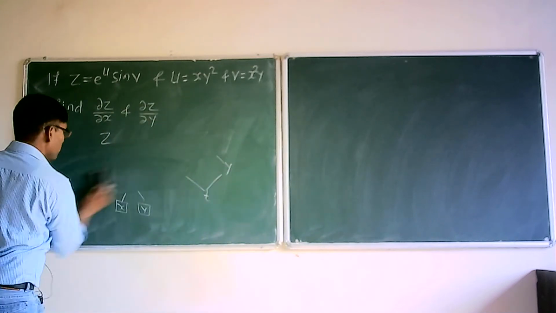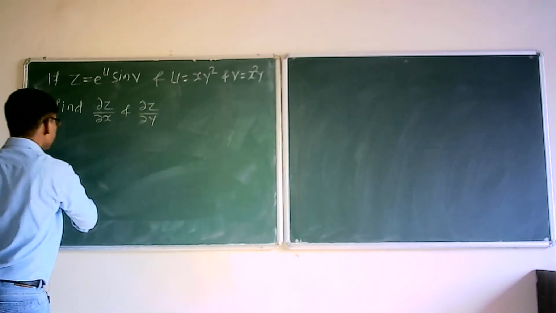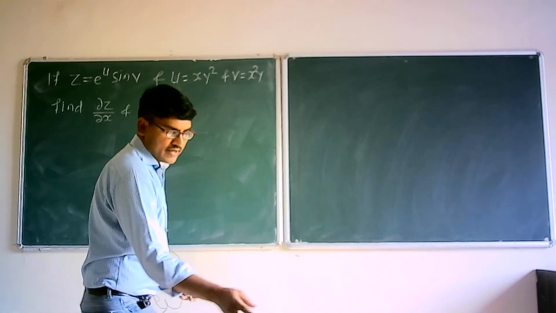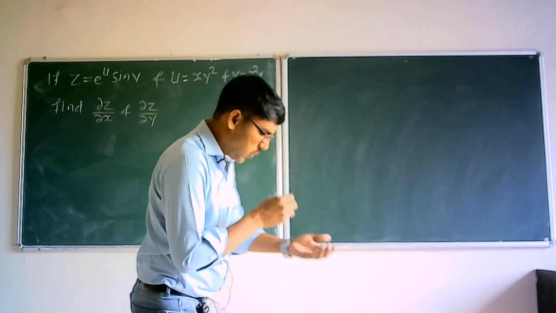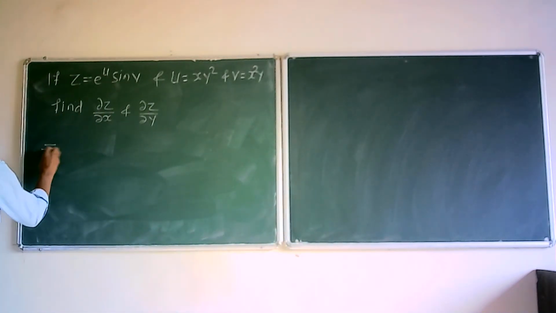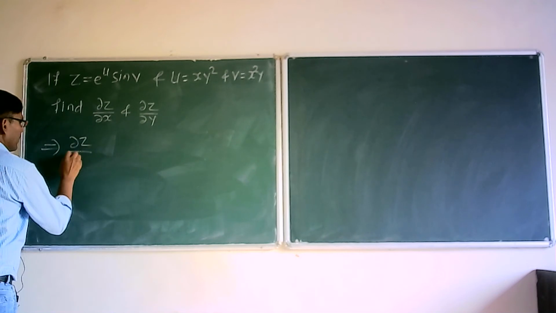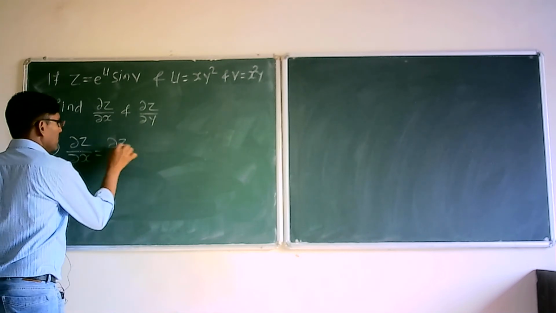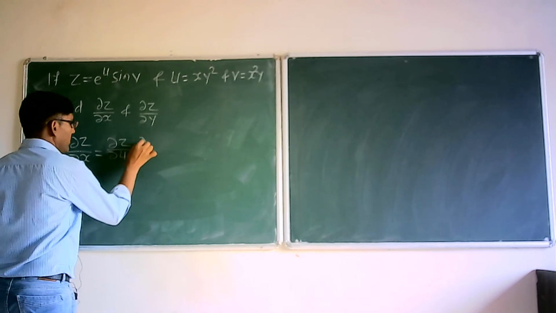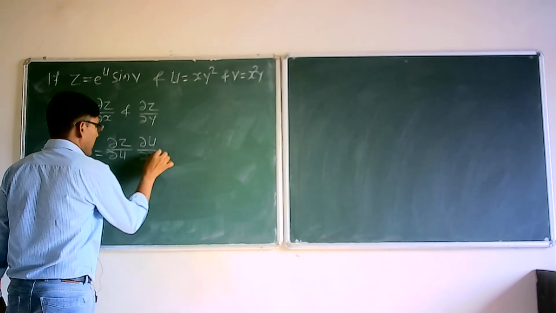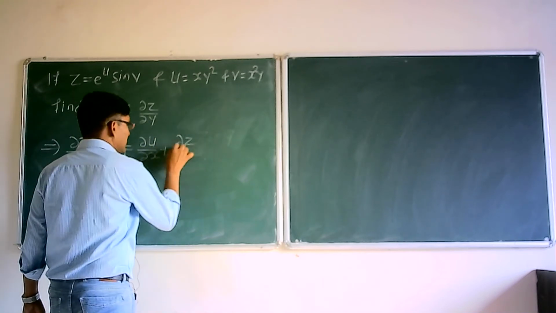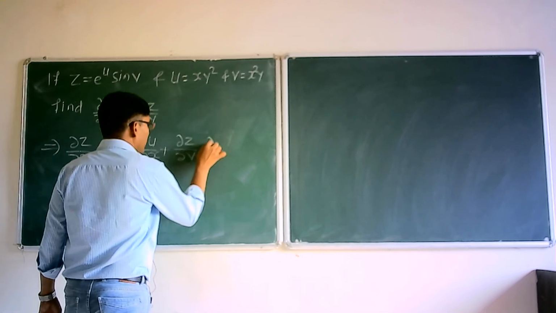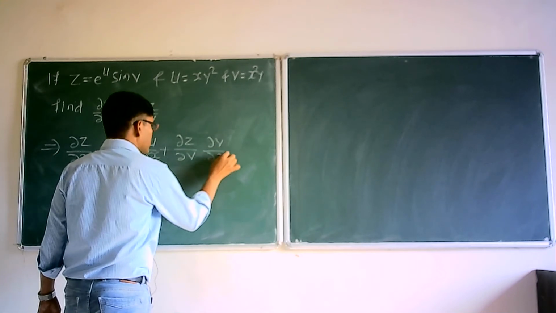So what does chain rule number 2 say? Dabba z by dabba x is equal to dabba z by dabba u by dabba x plus dabba z by dabba v by dabba x.